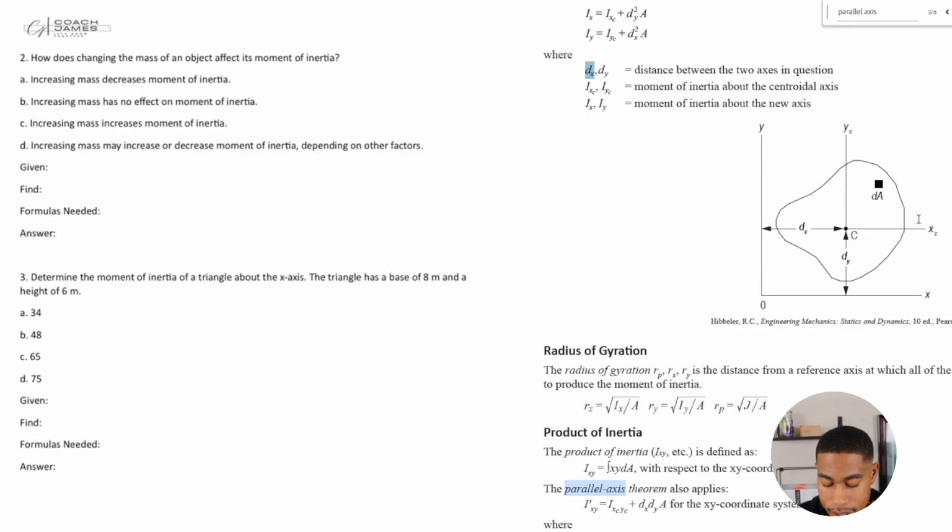All right. So number 2 says, how does changing the mass of an object affect its moment of inertia? I'm going to do a search. They don't really give us too much.